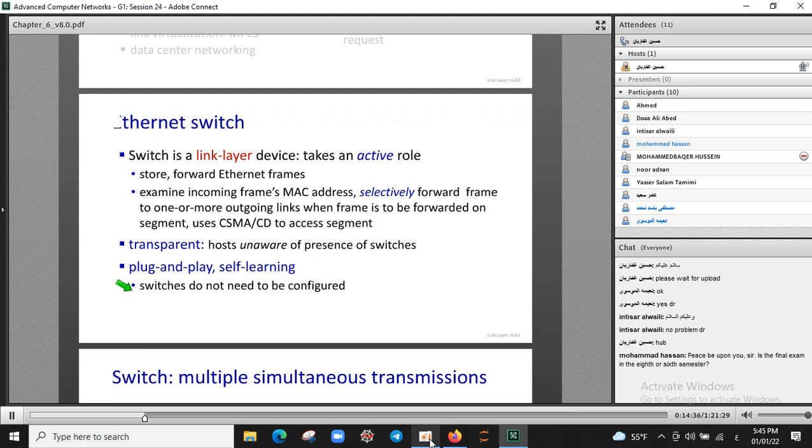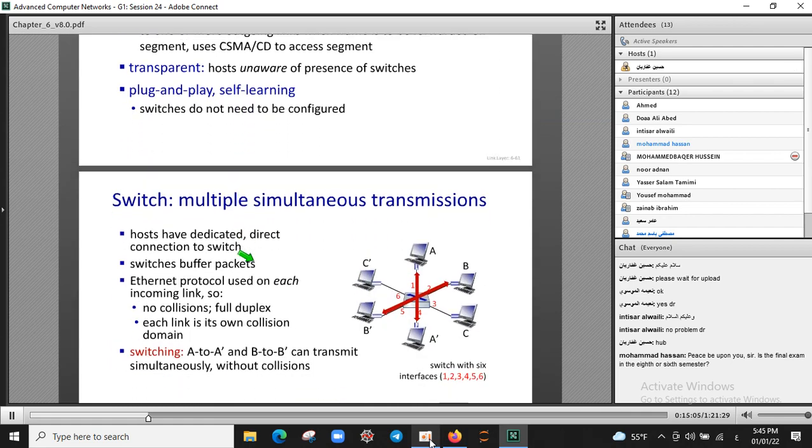A router needs configuration to apply a routing protocol, and using that routing protocol, it learns the paths toward different destinations. But how does a switch know about those destinations? How does it discover those destination addresses? Because it's self-learning.